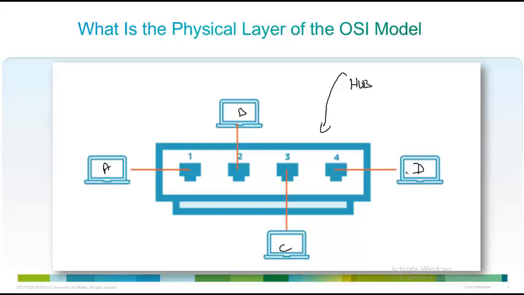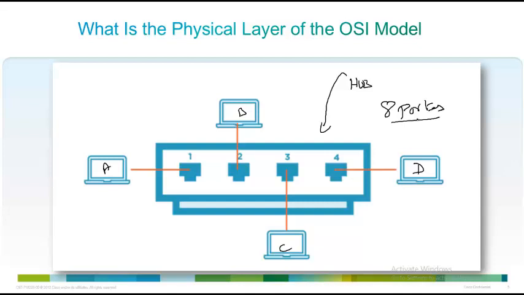How many ports can a hub have? A hub can have up to 8 ports. The maximum number of ports is 8, which means you can only form a group of 8 PCs.